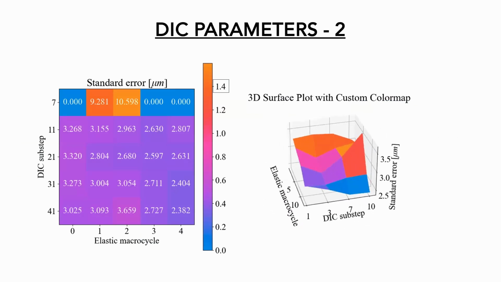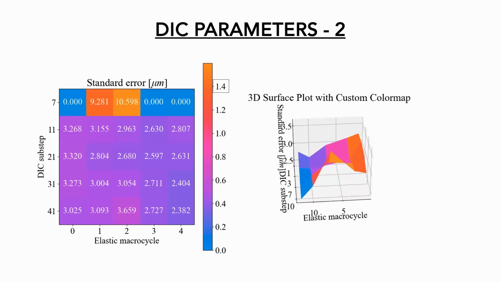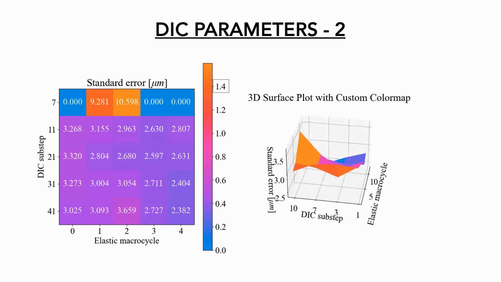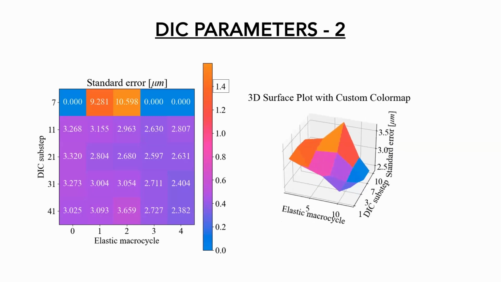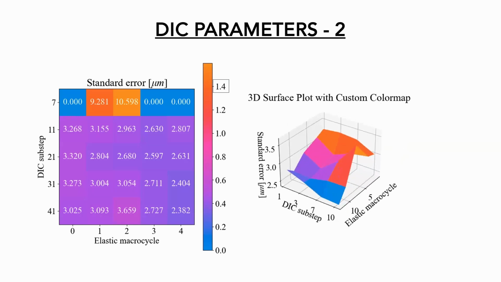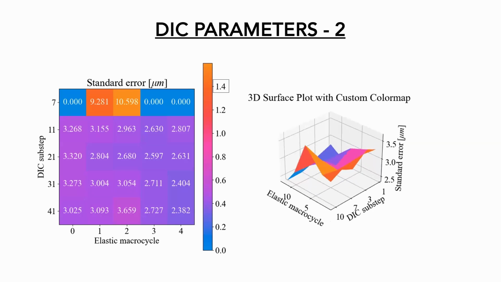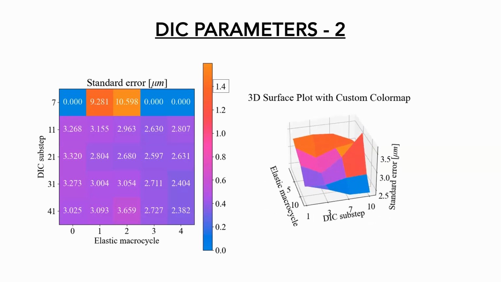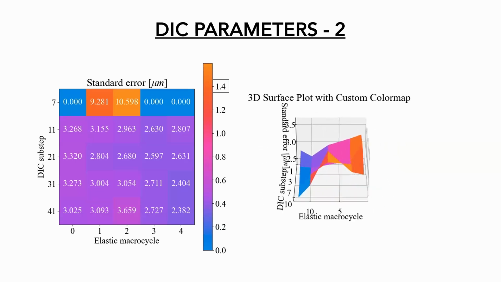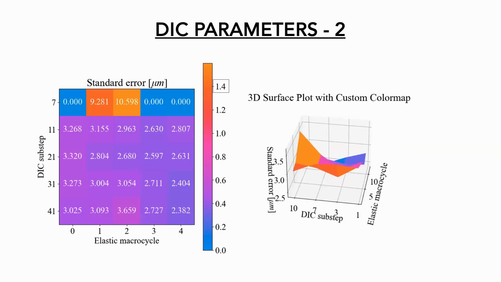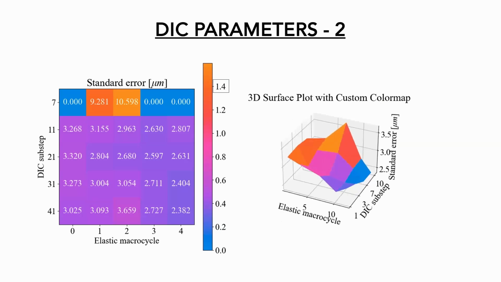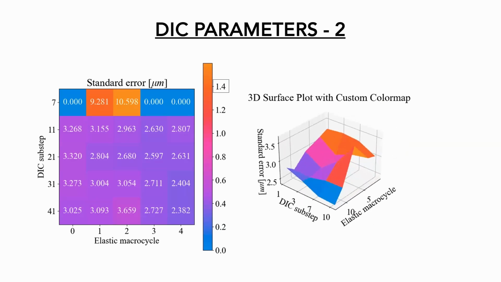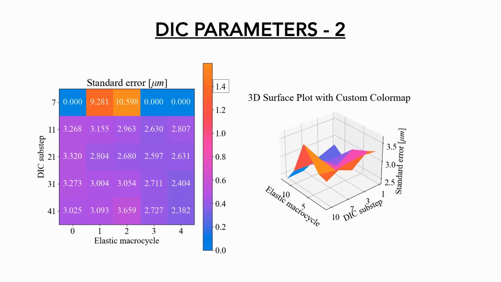So we plot the elastic microcycle that I showed you before versus the step. This is the error versus the step. And as you can see, the standard error, which I will introduce in a moment, is basically more or less the same in every condition, instead of a very finer step in the DIC.